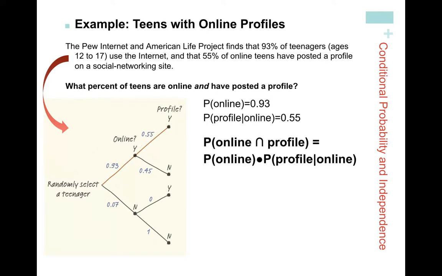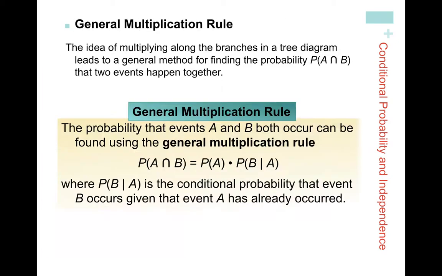And if you look at our general rule for multiplication, here it is right here. To calculate the probability of an intersection of two events, it's the probability of A times the probability of B given A. So if you think of A as online and B as profile, then the probability that they're online and have a profile is the probability of online times the probability of profile given that we know that they're online.